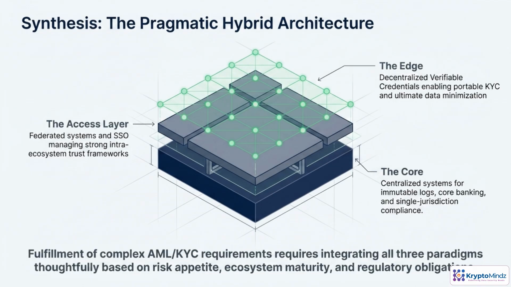At the edge, use decentralized verifiable credentials, so customers can reuse KYC, share fewer raw attributes, and still pass checks. Your real design job is to tune the boundaries between these layers to match your risk appetite, ecosystem maturity, and regulatory context.